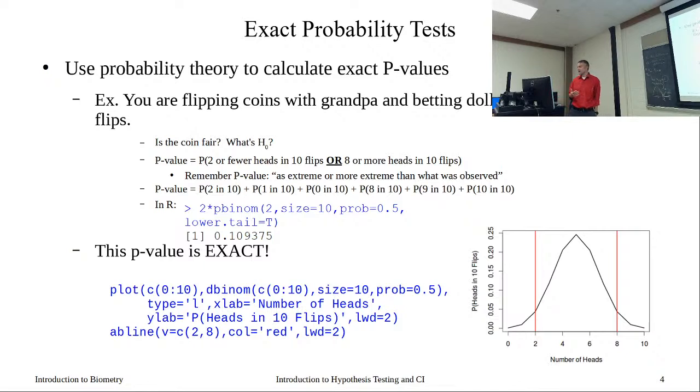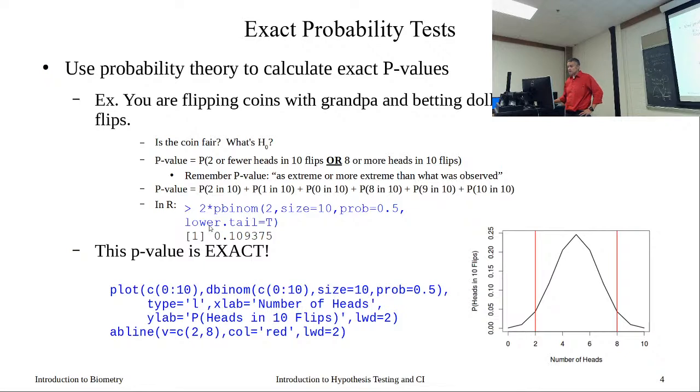Now I connected the lines, but we have breakpoints for each number, so we can flip 0 heads, 1 head, 2 heads, 3 heads, and so forth. So we know how to calculate those probabilities. But what we can also do is just use the p binom, just like we did p norm, to get the probability of getting 2 or less. So getting 2 and then lower dot tail equals T, so lower than that.